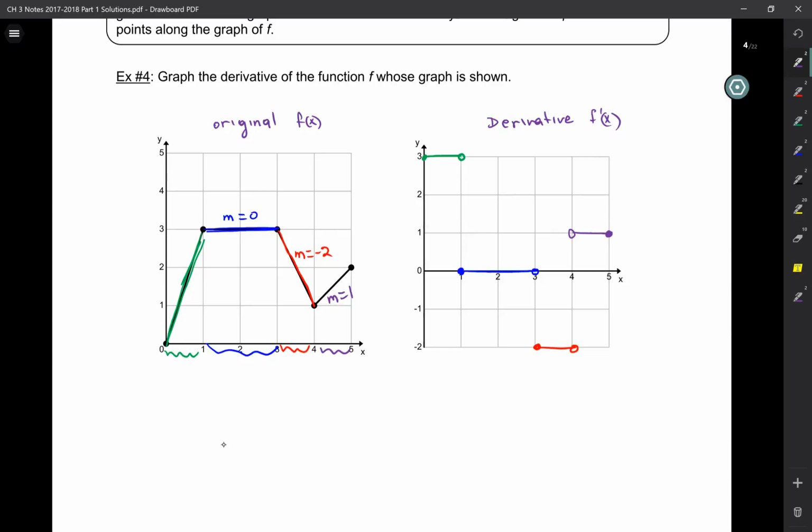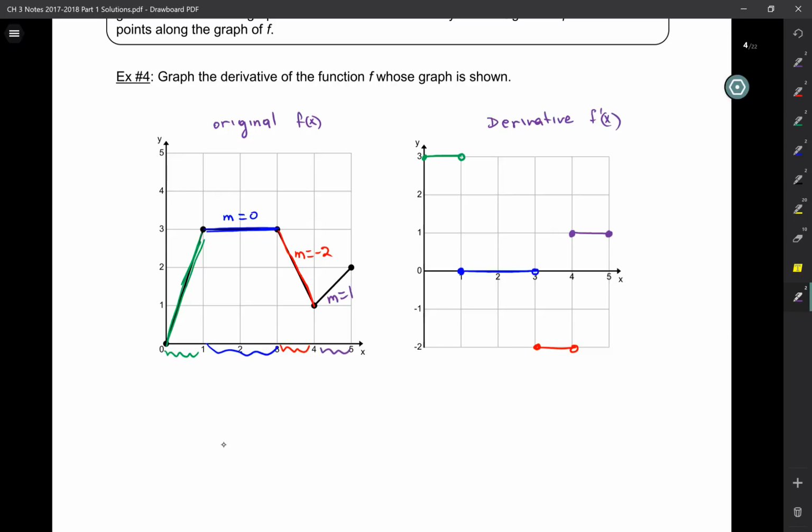Let's close this one. So are both of them closed because it's the end? Yeah. So start closed and closed. It doesn't matter here as long as it passes the vertical line test.